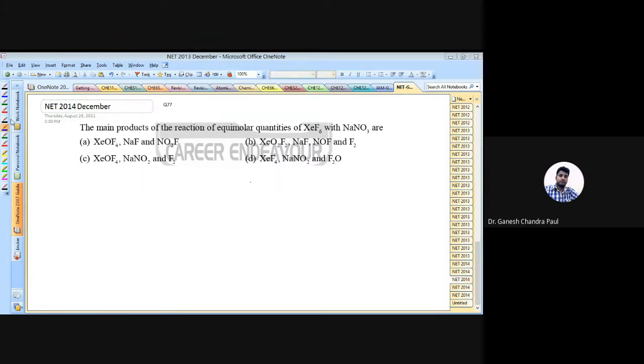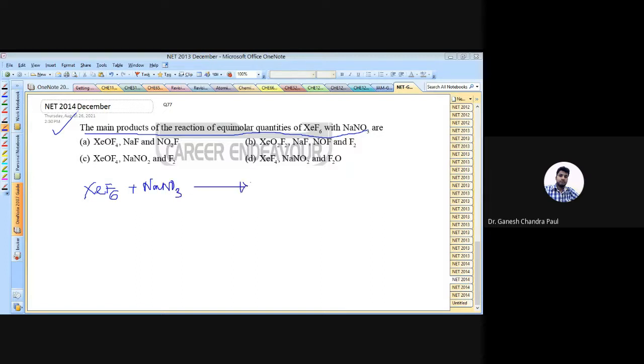That question was also very important. The main products of the reaction of equimolar quantities of xenon hexafluoride and sodium nitrate are what? So the reaction is between xenon hexafluoride, sorry, not tetrafluoride, it is xenon hexafluoride, with sodium nitrate, NaNO3.